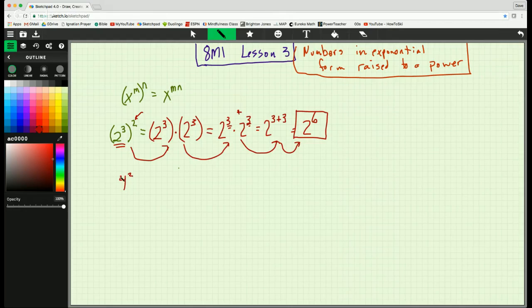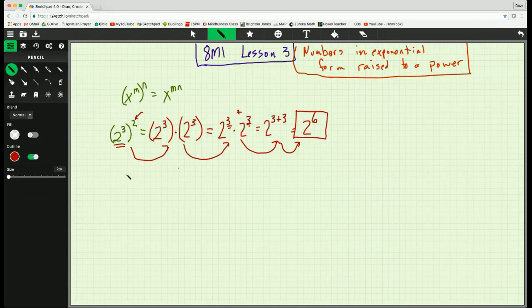Well, we can keep doing examples like this over and over. Let's use the number 5. Let's go 5 to the second power, to the 4th. Well, that would be this thing inside times itself 4 times. So let's go 5 squared times 5 squared times 5 squared times 5 squared.